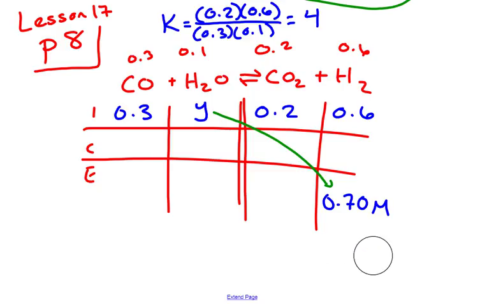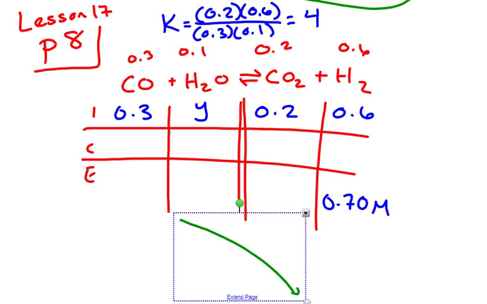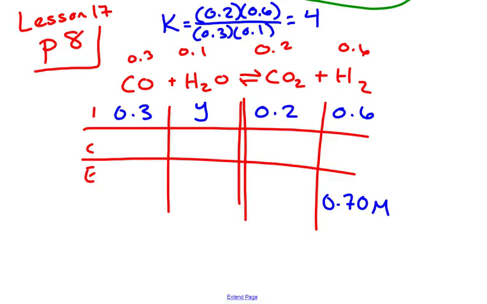So by doing this, I'm going to write this really small, but this is plus x, minus x, minus x. I'm confident in two ways. One, when you add something on the left, it's going to drive it to the right. Le Chatelier.